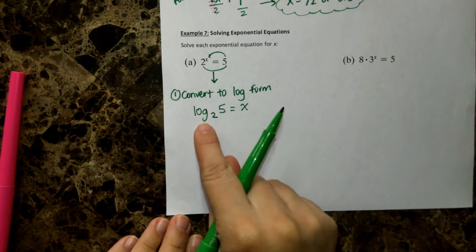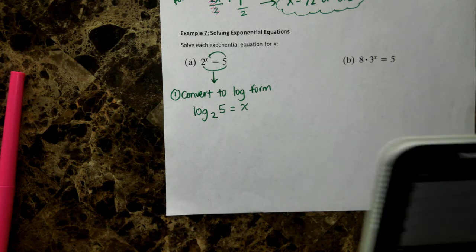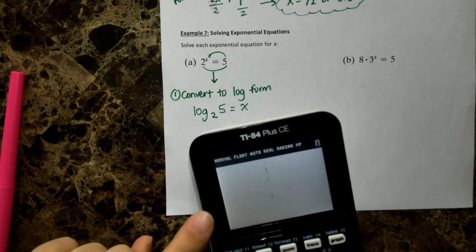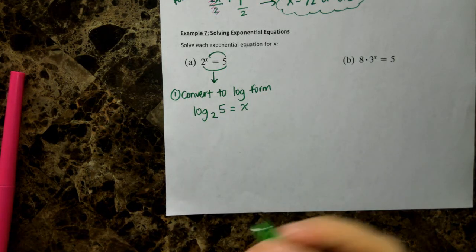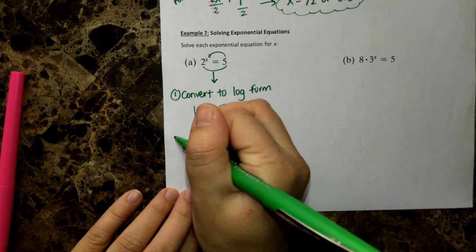Now, log base 2 of 5, I don't know what that is, and remember, we can't even type that in because our calculator can only calculate base 10s. However, last class we learned about something called the change of base formula.